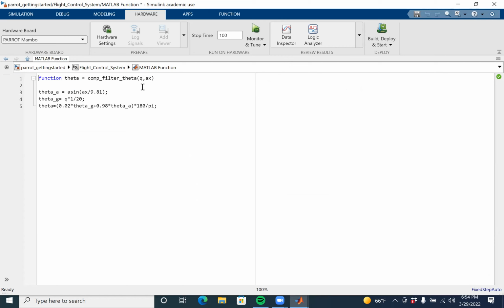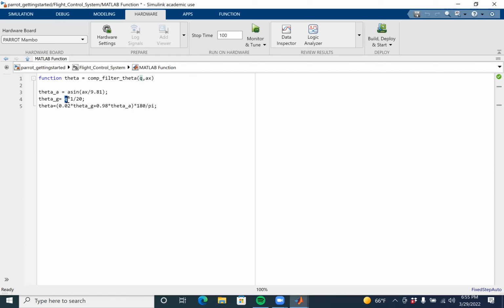So what you have is theta is asin of AX divided by 9.81, and theta G is whatever pitch rate you are getting multiplied by the update rate. Please note, the Mambo via Bluetooth is transmitting data at 20 Hertz, which means every sample is 1 divided by 20 seconds.